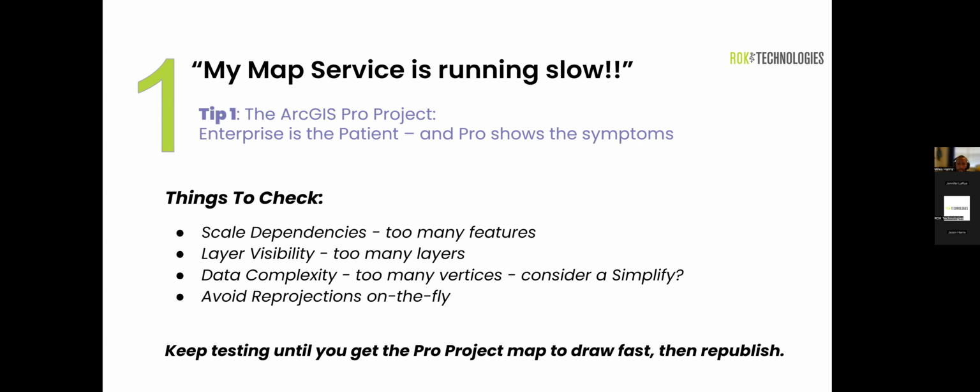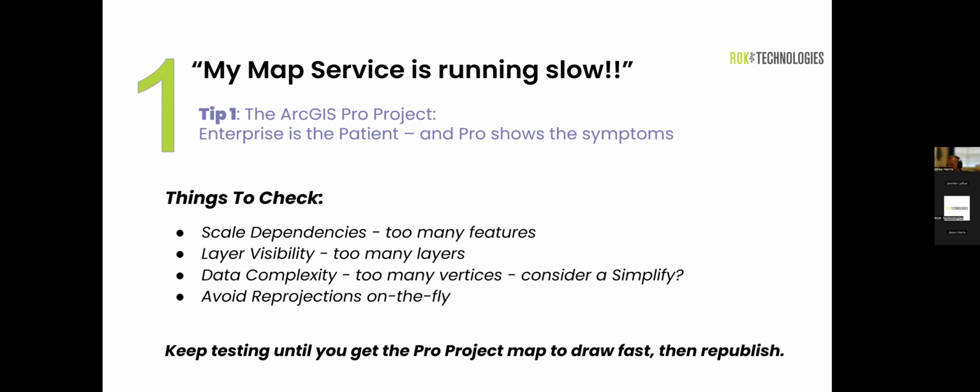So if you open up the Pro project and the map is still drawing slow, in most cases it's also going to render very slowly in ArcGIS Server. So that's where I got the idea that Pro is exhibiting the symptoms, and the clues on what we can do to fix up the enterprise come from looking at these different symptoms.